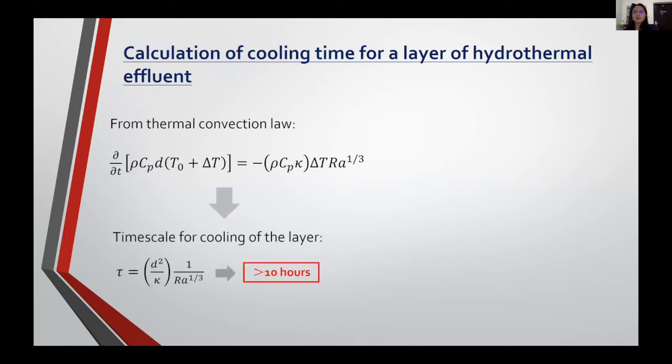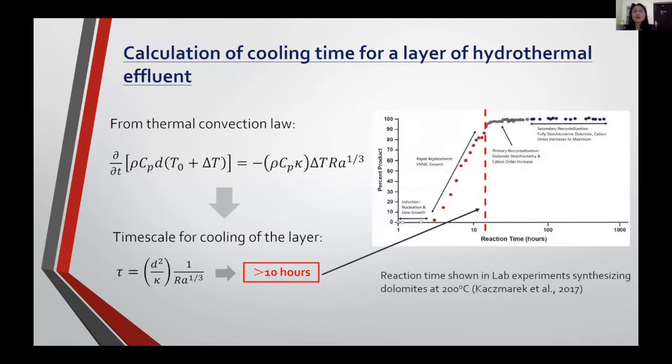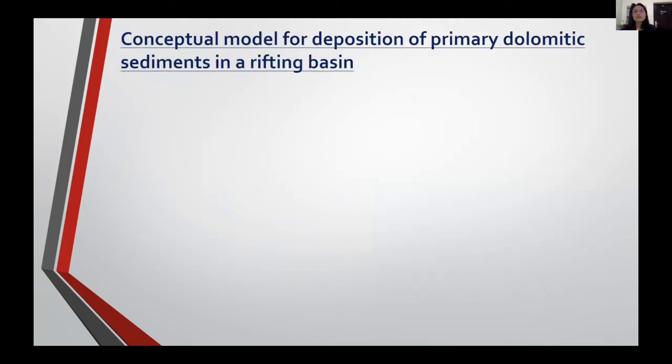The result of the cooling time scale is over 10 hours, which is comparable to the time required for ordered and stoichiometric dolomite precipitation in lab experiments. Finally, we propose a conceptual model for deposition of the hydrothermal primary dolomite within an active rift basin.